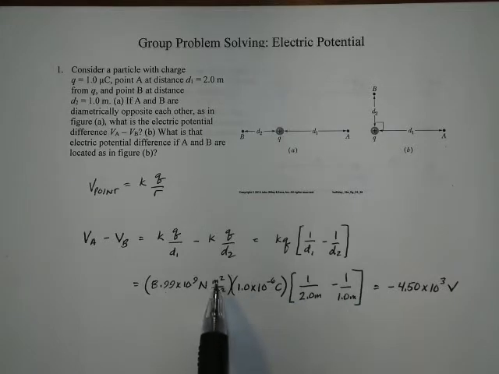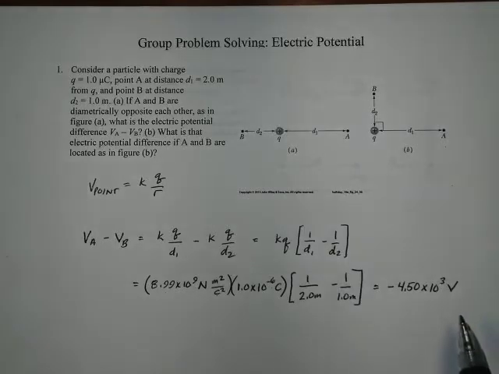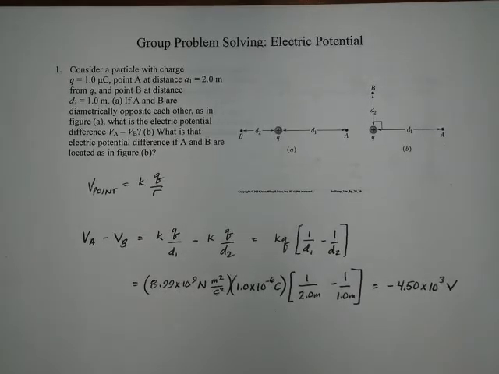These meter units are going to cancel one of the meters, and I'm left with a Newton meter per coulomb. A Newton meter, you may recall from Physics 1, is a joule, and a joule per coulomb is the definition of a volt. So minus 4,500 volts here.